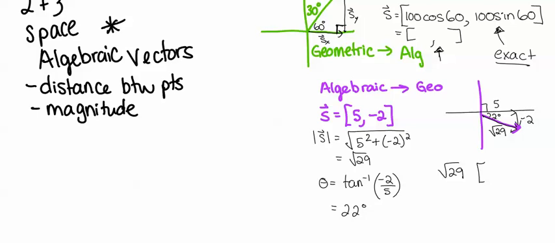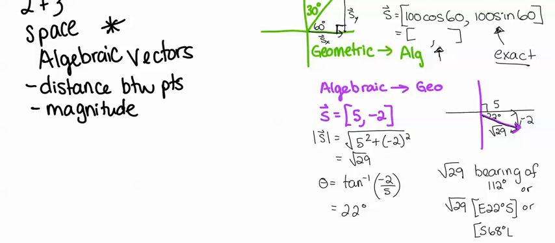So I could make it a bearing, and I could say that it's root 29 with a bearing of 112 degrees, or I could say root 29, east 22 degrees south, or if I wanted to be more official, I could say south 68 degrees east.